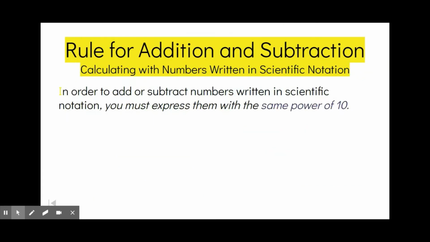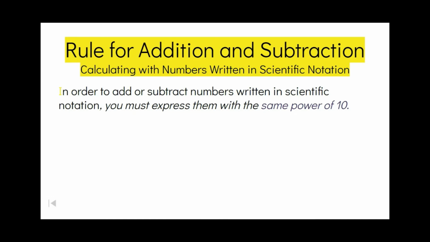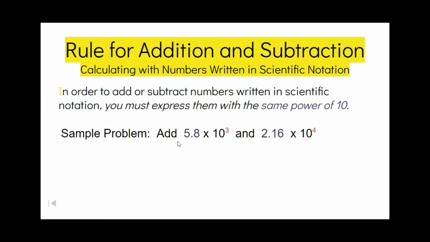Great. Now we're going to talk about one last thing before we close it out today, and that's rules for addition and subtraction. In order to add or subtract numbers written in scientific notation, they must be expressed with the same power of 10. So for example, I'm going to add 5.8 times 10 to the third and 2.16 times 10 to the fourth.